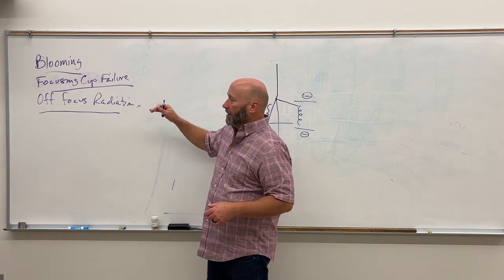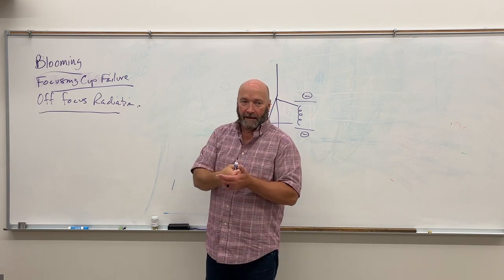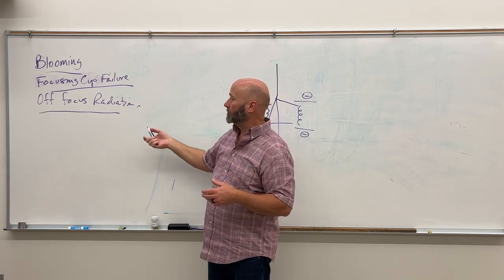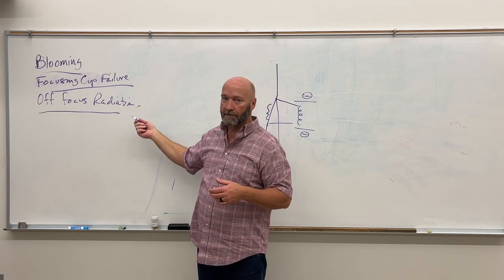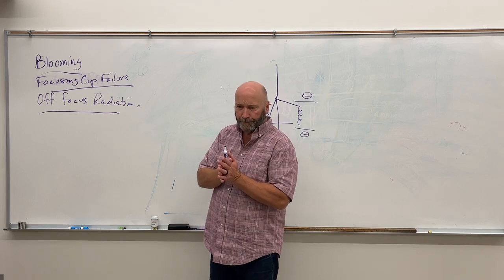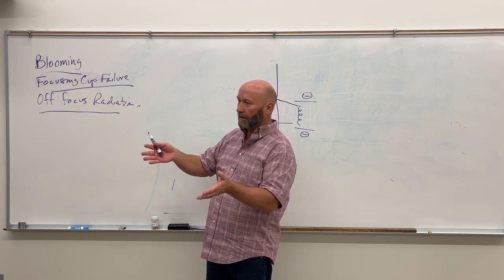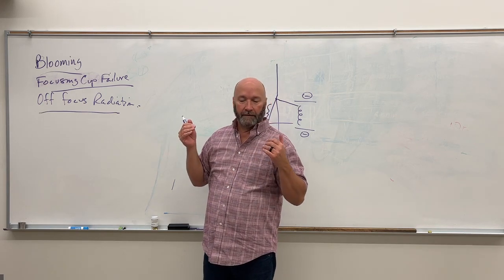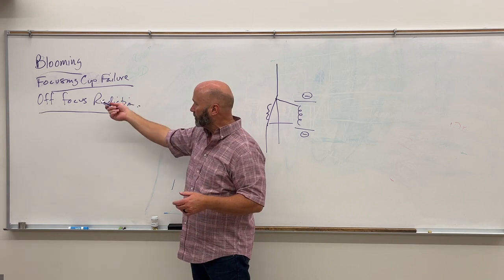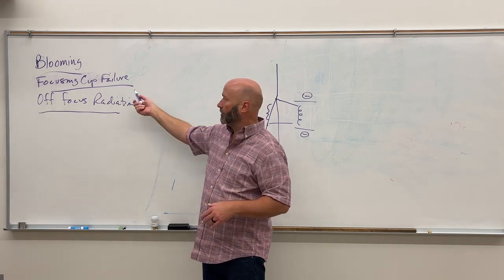Off-focus radiation is created by electrons that hit the anode, they bounce, but then they return to the anode and create X-rays somewhere off of the focus. Focusing cup failure leads to a spreading of the stream of electrons before they interact with the anode, and you do create some X-rays off of the focus itself, and lose sharpness of recorded detail.